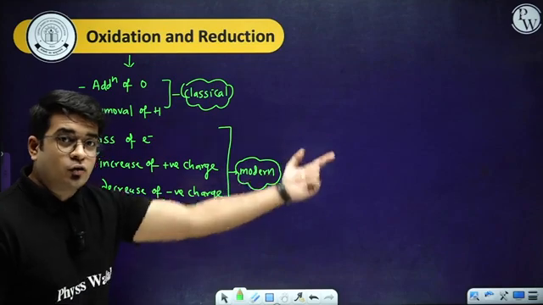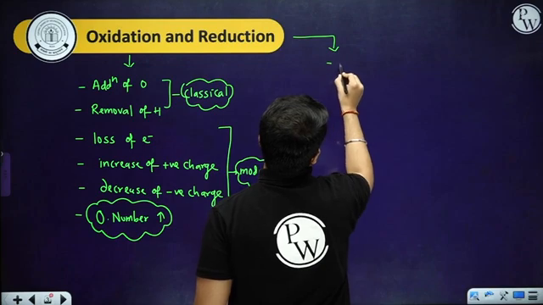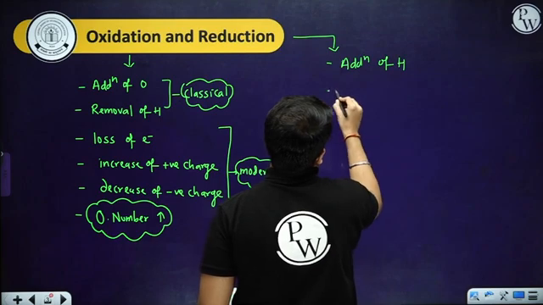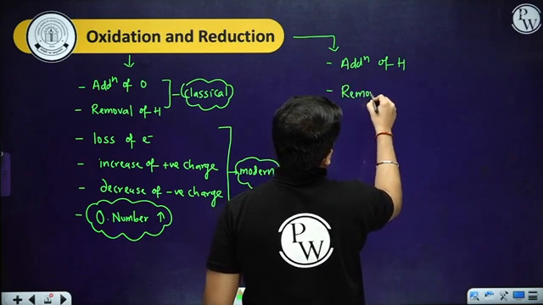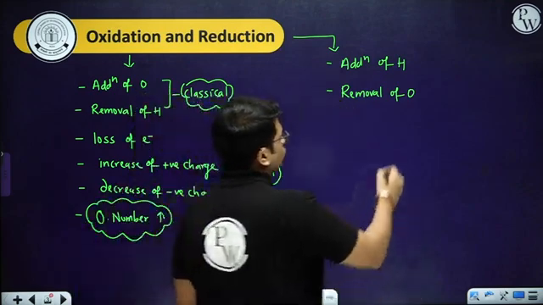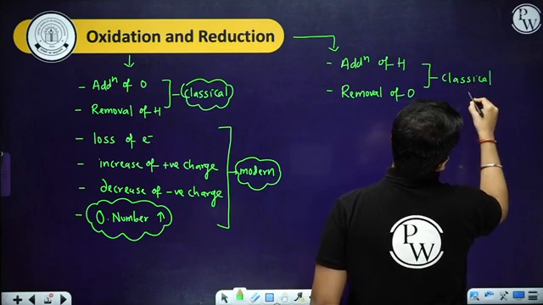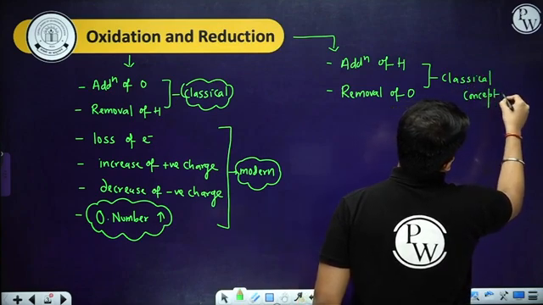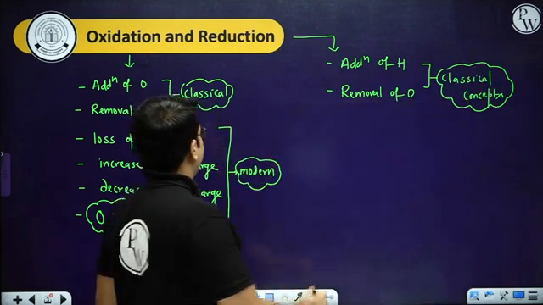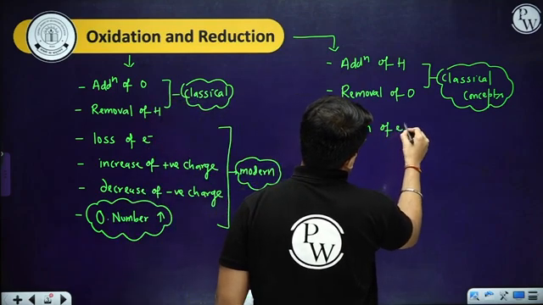Now along with that, if I want to explain what reduction is, in case of reduction I can say that is the addition of hydrogen, or the removal of oxygen. These two are classical concepts which you already know from your 9th or 10th class. Next, it is nothing but the gain of electron, a modern concept.